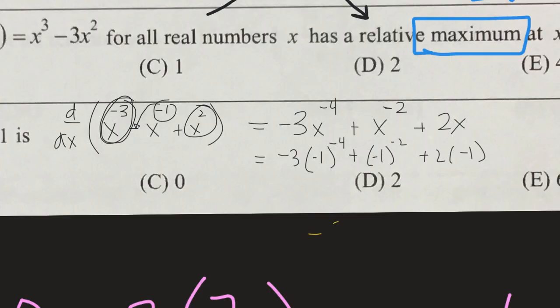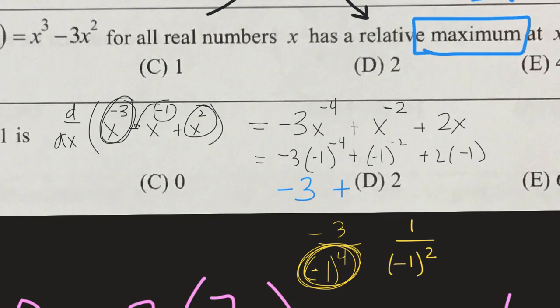This is -3 over -1 to the +4. Right? What's -1 to the +4? When I raise a negative to an even power, this is a positive. So my first number is -3 plus, let's see, 1 over -1 squared.